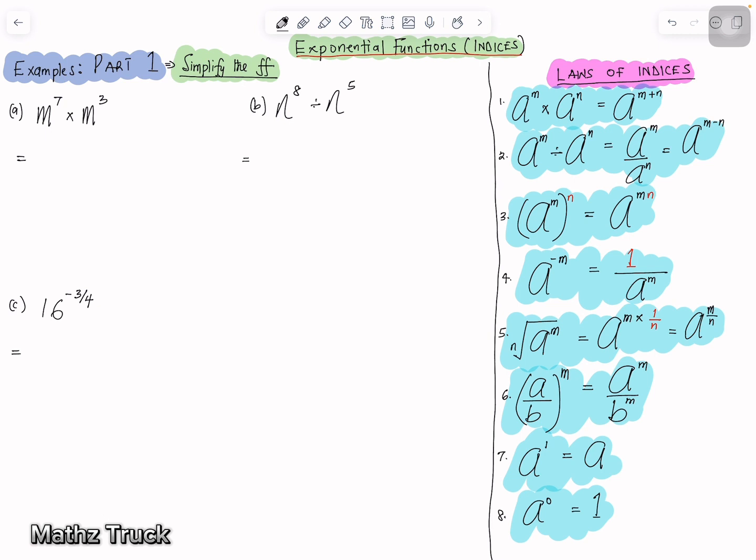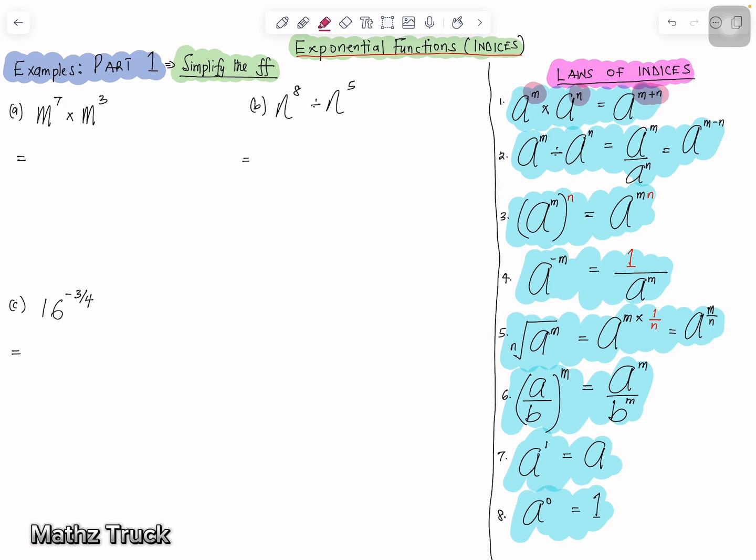If you look at the laws of indices, the first law says if you have base a exponent m and the base a exponent n, we have base a exponent m plus n. Since the bases are the same, the law holds.